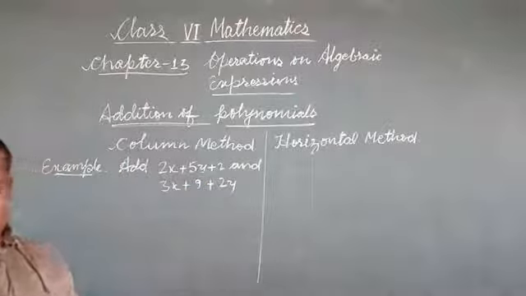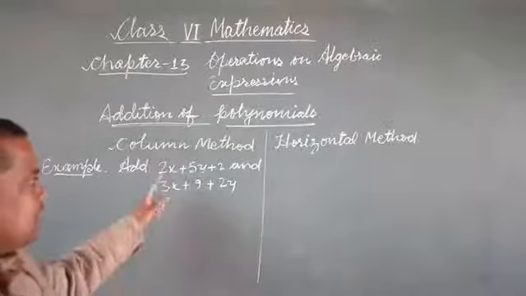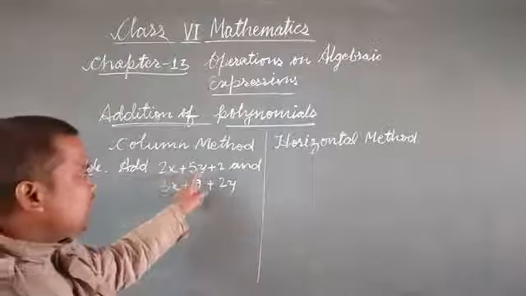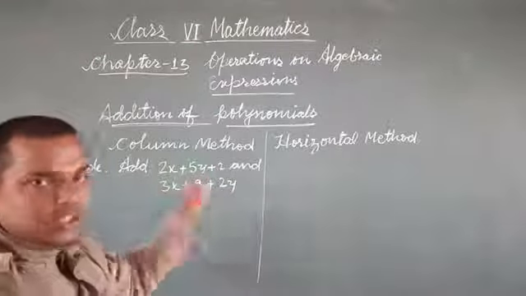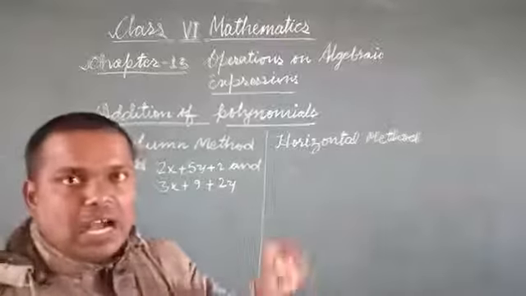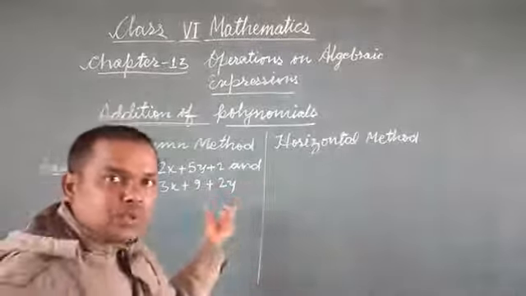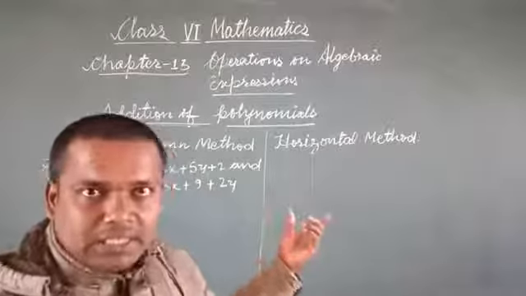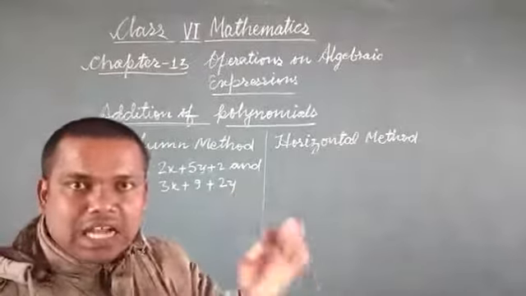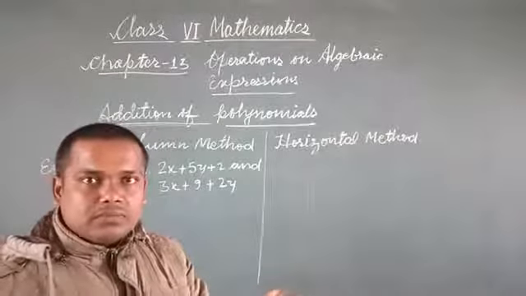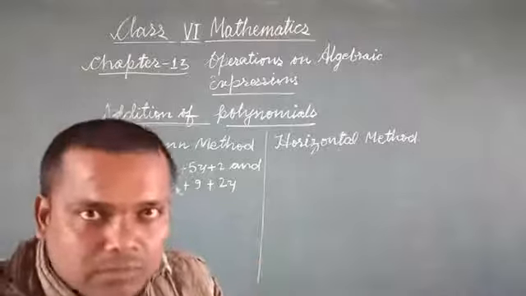Now we are having two expressions. One is 2x plus 5y plus 2 and another one is 3x plus 9 plus 2y. I have to add these two algebraic expressions according to column method. So I will write each and every term in column.